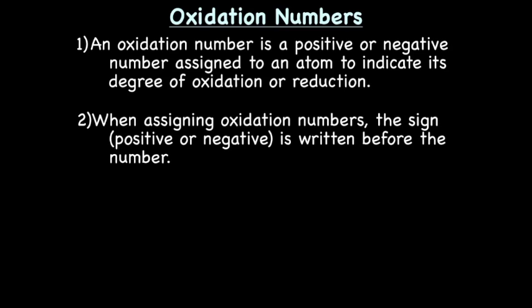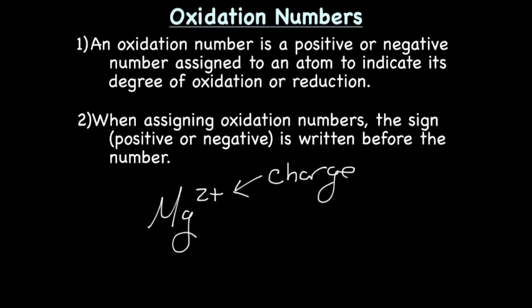For example, if we were writing Mg as an ion, we'd write 2+, which would be its charge. That's how we've been writing charges. But if we were talking about its oxidation number, we would write it as Mg +2.